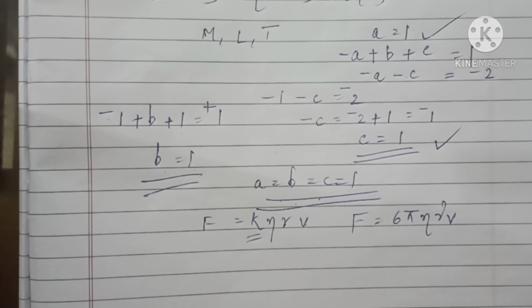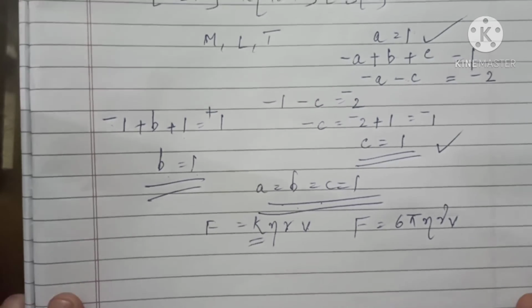You can prove this relation with the help of dimensional analysis. So you will get the expression F is equal to 6 pi eta r v, where 6 pi is a dimensionless constant. Then we can use this equation for the numerical section also. So that's all about Stokes' law.